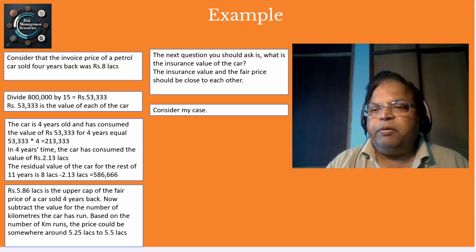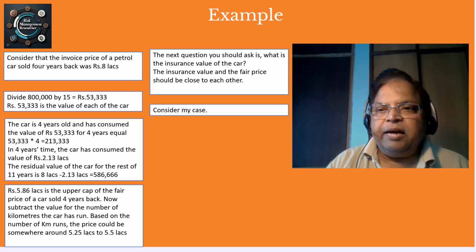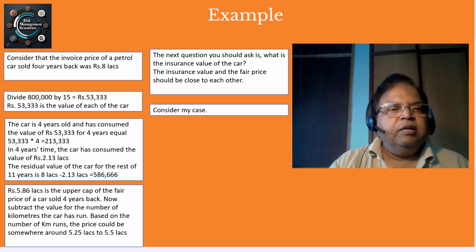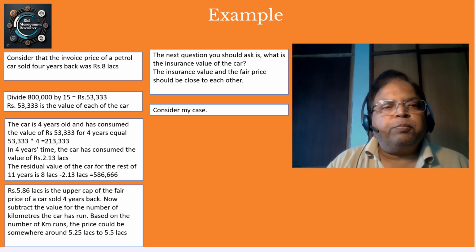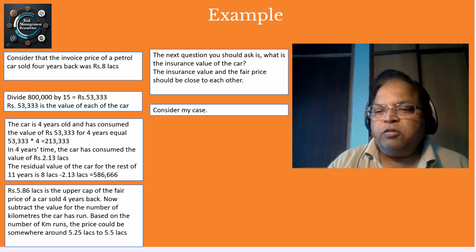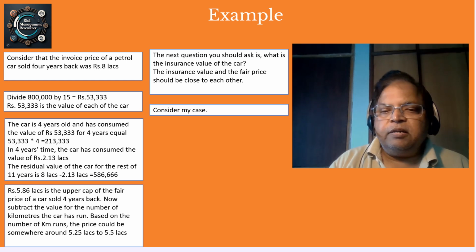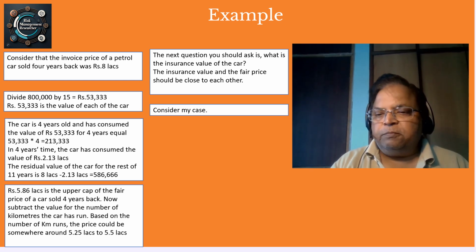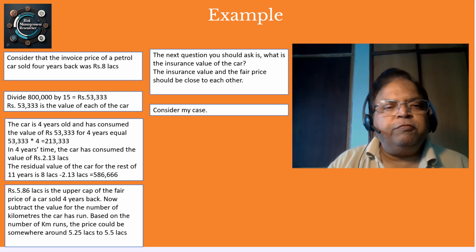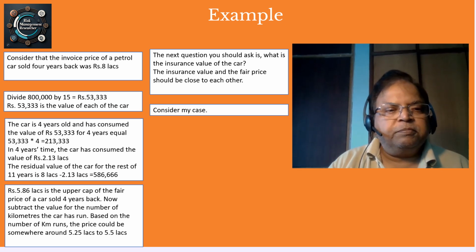Consider an example to understand how it should be calculated and where to start. Consider that the invoice price of a petrol car sold 4 years back was rupees 8 lakhs. Now divide 8 lakhs by 15. What you get is 53,333.